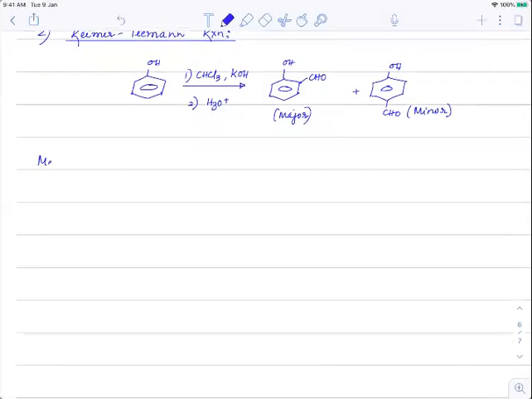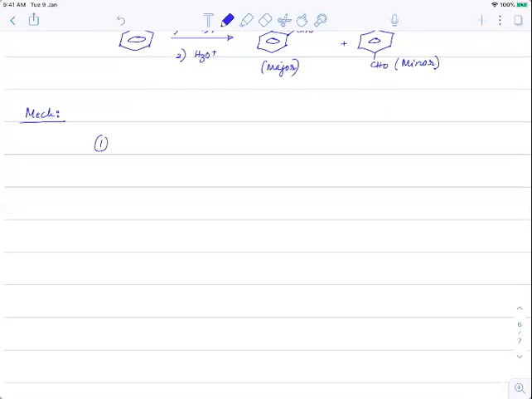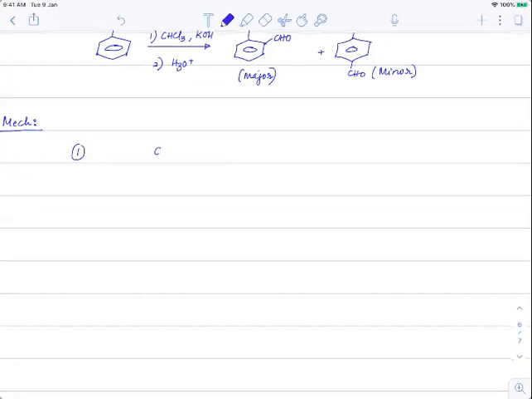Now let's see the mechanism, how it is happening. The first step is, whenever we have chloroform, this is the chloroform, it would have delta positive charge on hydrogen. So the minute we react that with HO minus, the HO minus will immediately attract this H plus, thereby we'll get CCl3 minus plus H2O.